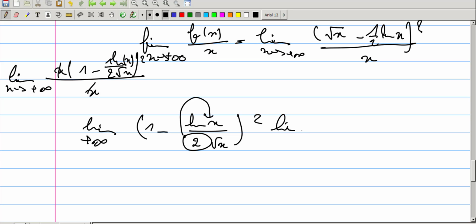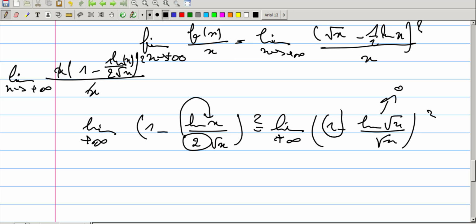So I'm going to write that. It's 1 minus ln of square root of x over square root of x, squared. So this goes to 0, and we will have only 1. Sorry, I spoke French again. So it goes to 1.